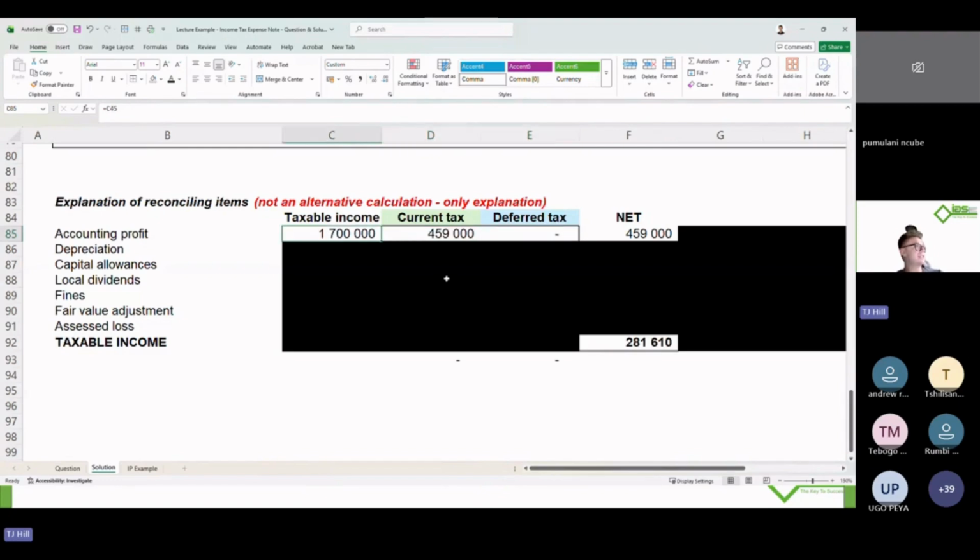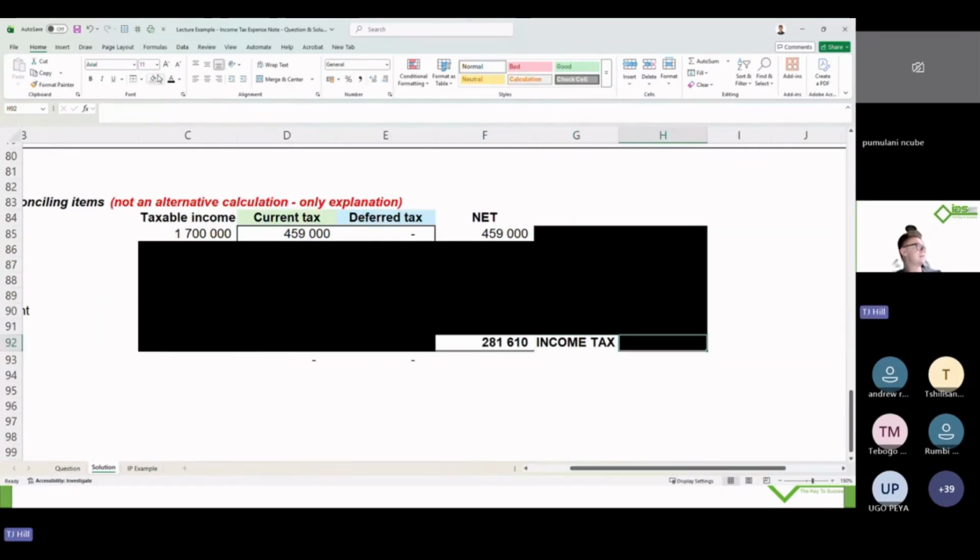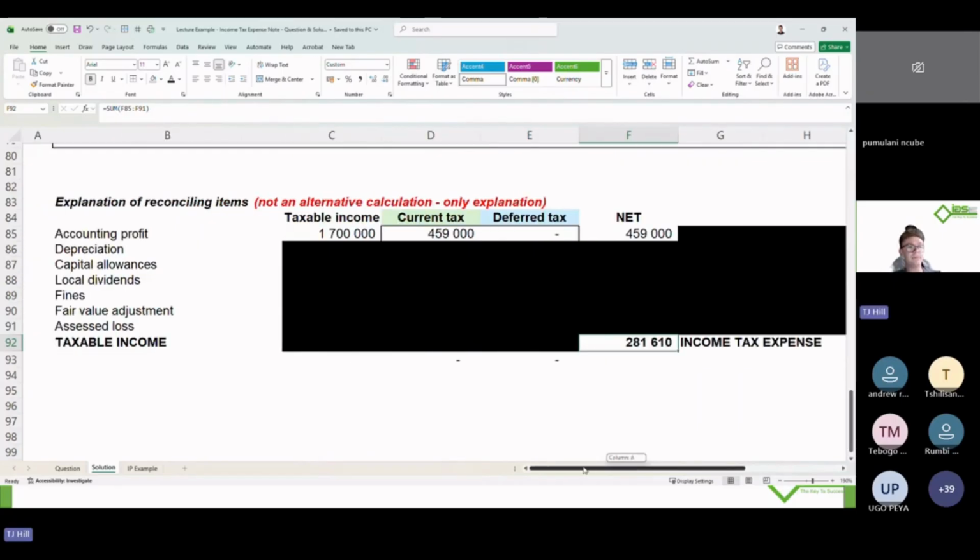The user has gone and said, surely I will take my accounting profit of 1.7, multiply that by 27%, and that should give me what I expect. However, when I calculated income tax expense here, it is 281. And I'm going to show you how the reconciling differences are happening and why.